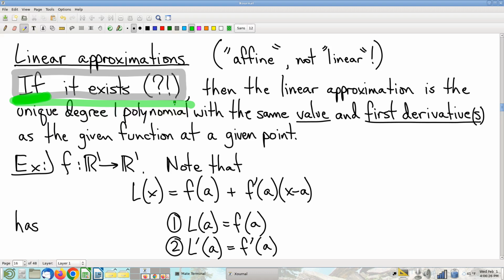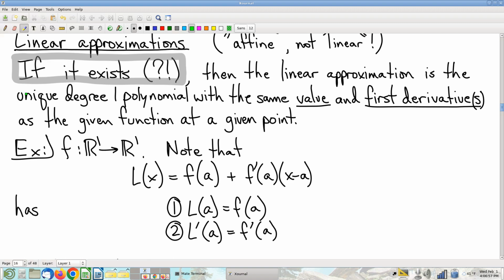And after we understand what a linear approximation looks like in the nice, friendly cases, then we'll worry about what could go wrong, and what circumstances could come up that would make what we've computed actually not right. Okay, so again, for the moment, I'm going to assume that everything's nice and that the linear approximation does exist, and I don't have to deal with uglier questions.